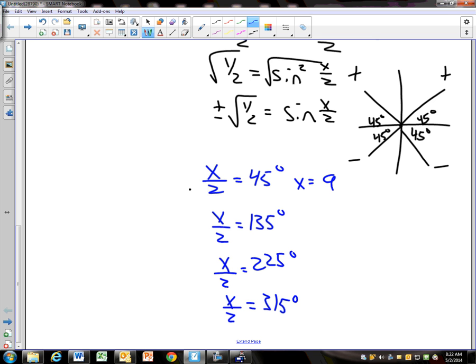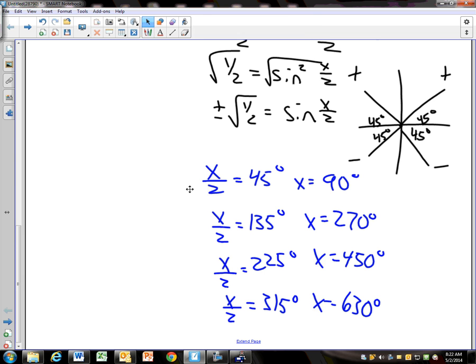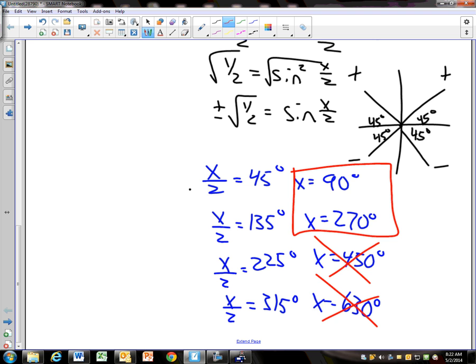So we get x is 90. X is 270. X is 450. And x is 630. Are all those between 0 and 360? No. So those are ones we keep.